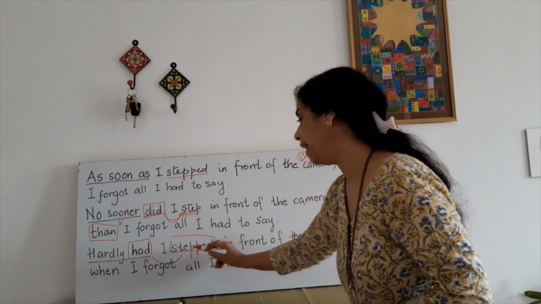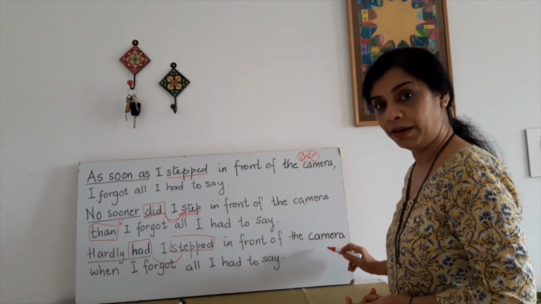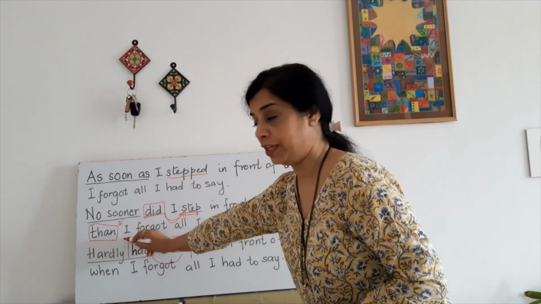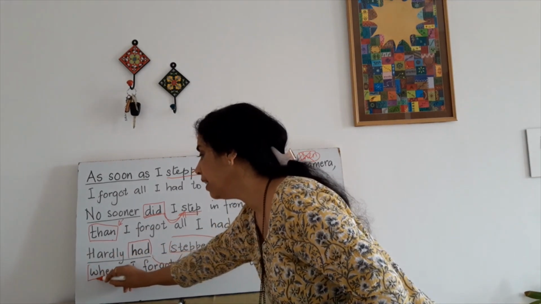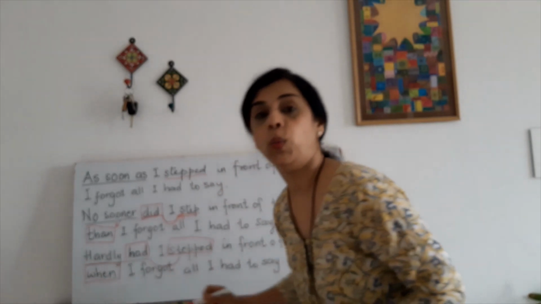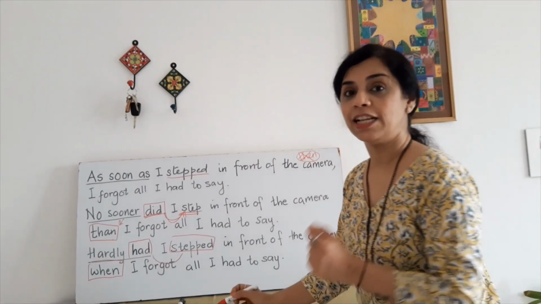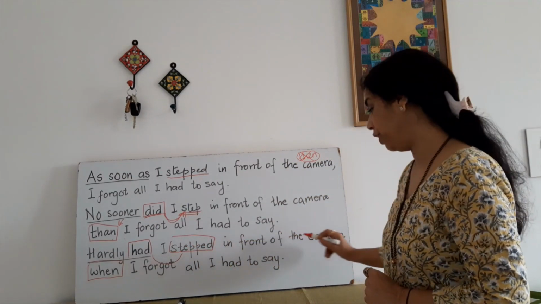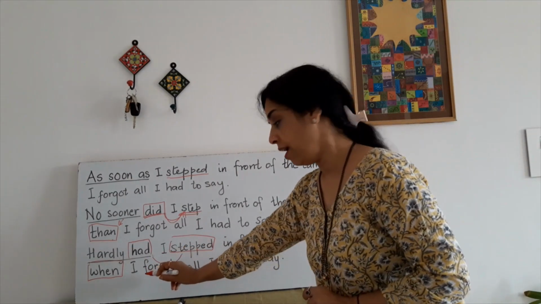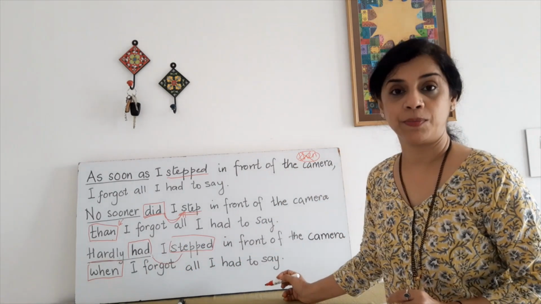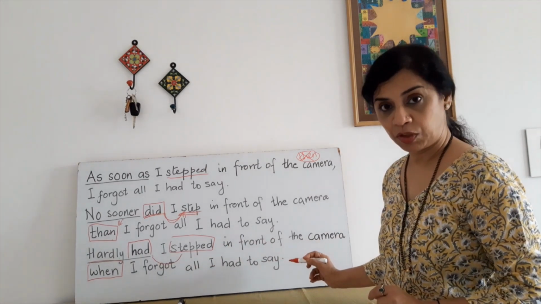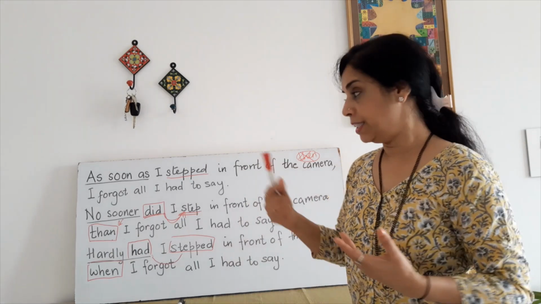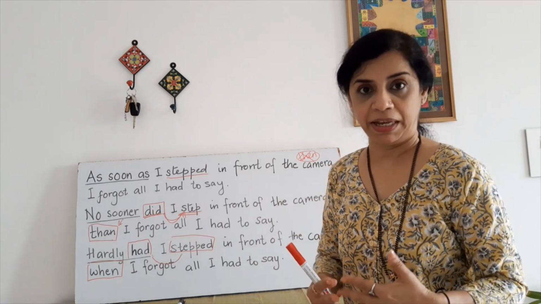So, hardly had I stepped in front of the camera. Now, just as no sooner has a little friend, hardly had has the friend when. So, you add this little word here. Hardly had I stepped in front of the camera when I forgot all I had to say. So, this part remains the same. Now, children, we'll do some more sentences and you will understand better.